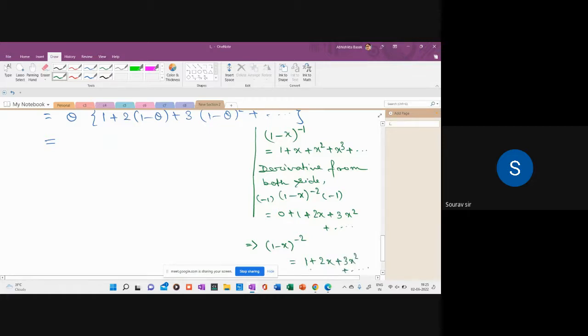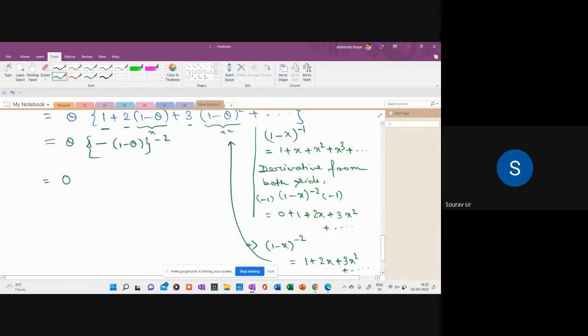If you can see the right side, it exactly matches with this: 1 plus 2 into something like x, 3 into something like x square, same as this thing. Okay, so I can write theta into (1 minus theta) to the power minus 2.